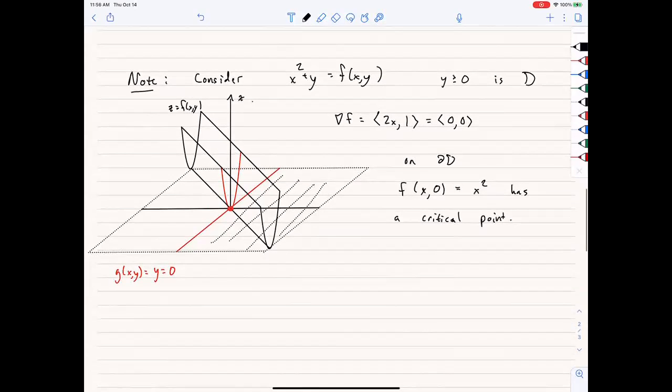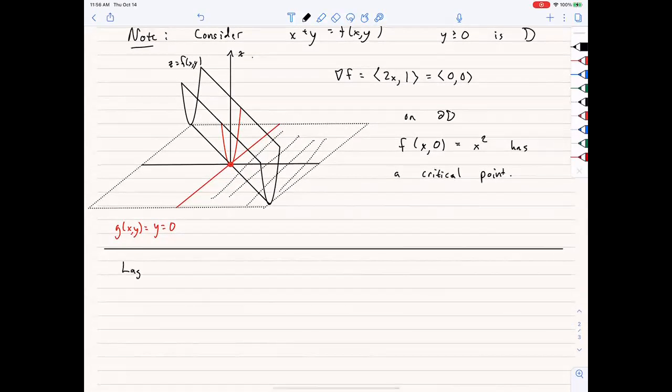Okay, so let's talk about Lagrange multipliers. So this gives a method for calculating critical points, or at least finding them in good cases, of a function f.